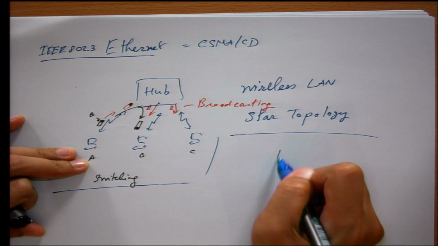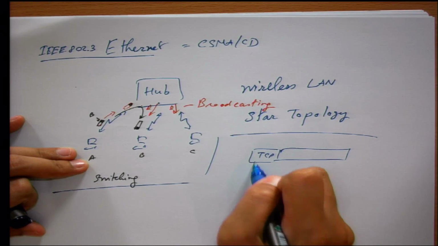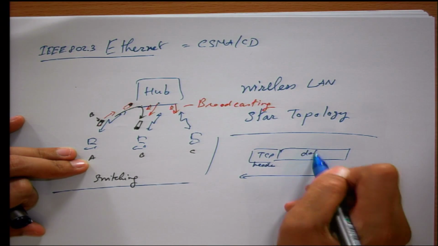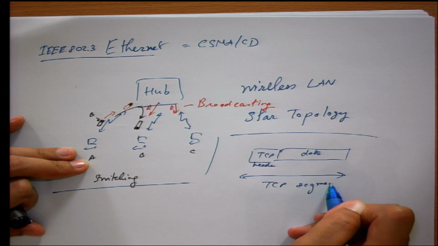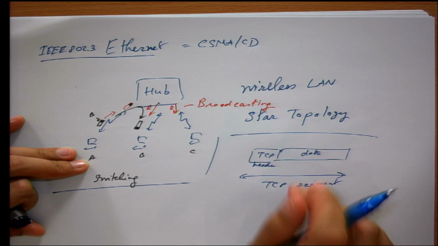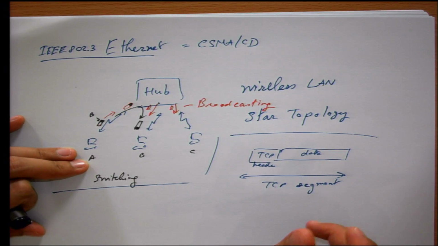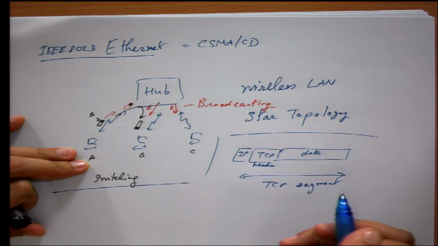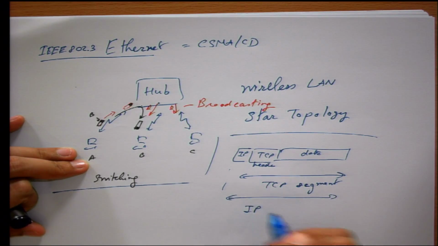There are many names to call a block of packet or a block of data. So this is called a TCP segment. When you put the IP header on, it is called an IP datagram.